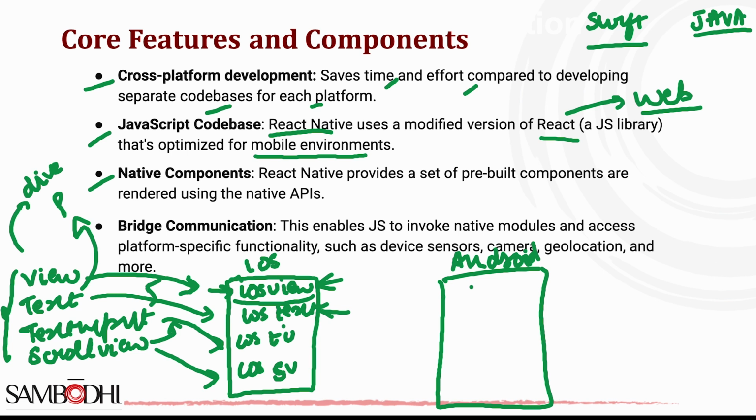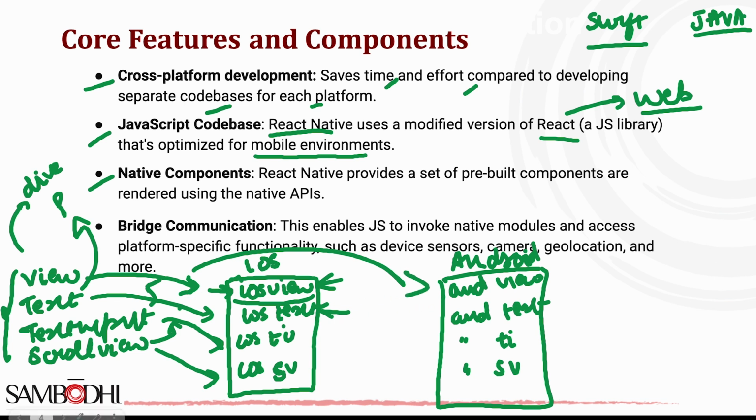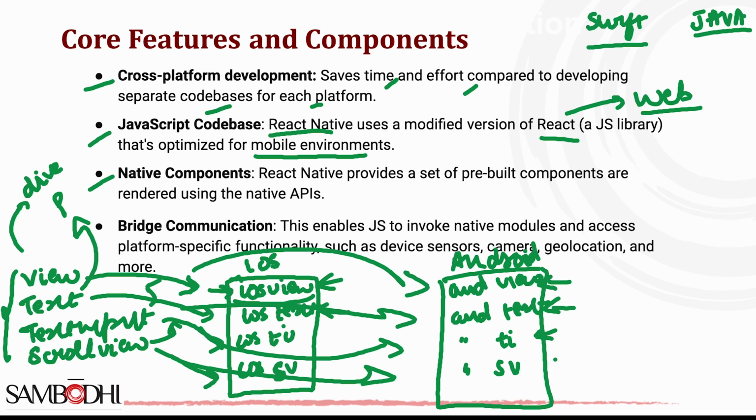The same is going to happen with Android: there is some Android View, Android Text, TextInput and ScrollView. So these View, Text and TextInput components are going to go to the Android View, Android Text, and TextInput, leverage these native components, and be replaced by them.